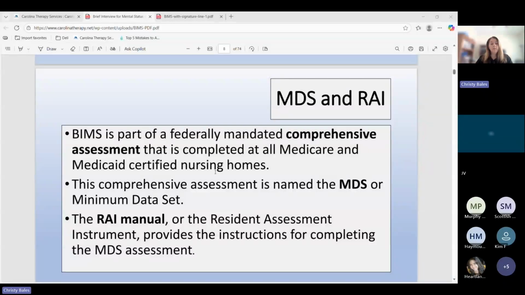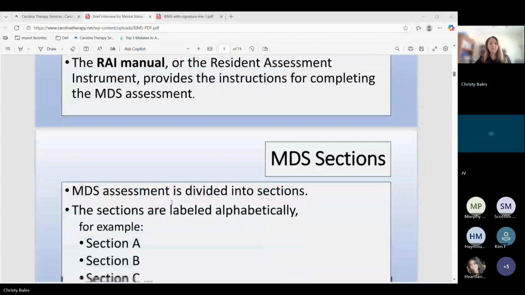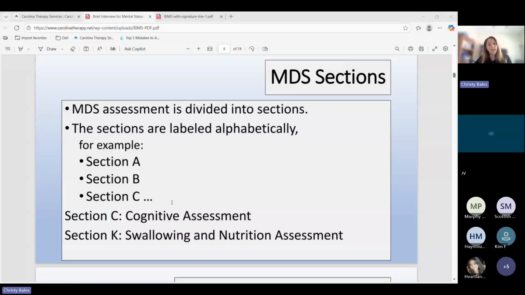Because if they put something incorrect in the MDS, and there's an audit, then it does count against them, even if it was to their betterment. So let's say something wasn't done enough. We didn't capture something and we could have captured it. That still does count against us. But of course we want to capture everything.